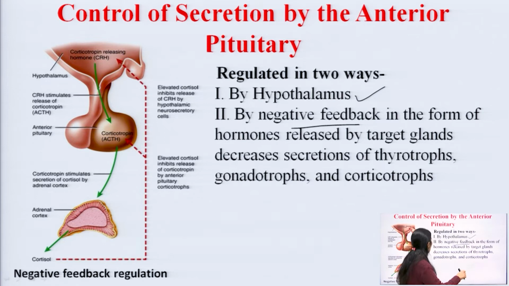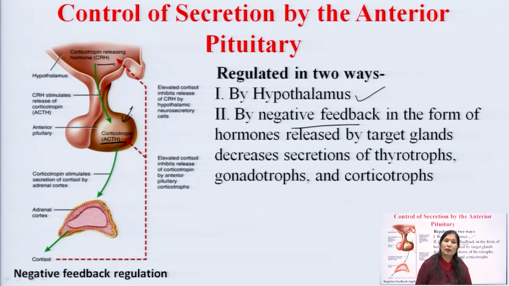Taking one example, we can see that CRH, corticotropin releasing hormone, is released from the hypothalamus. This CRH goes to the pituitary and stimulates the formation of ACTH from the corticotropin cells, and this ACTH, this corticotropin hormone, stimulates the secretion of cortisol by the adrenal cortex.